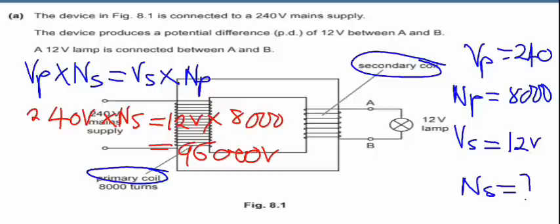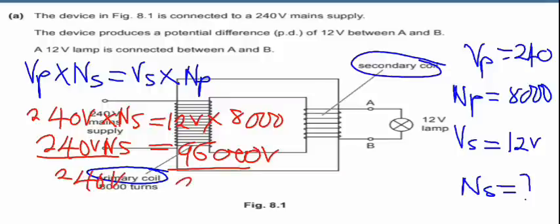Then here, when I multiply 240 volts by the number of turns on the secondary coil, I'm going to get 240 volts times the number of turns on the secondary coil. Then when I divide by 240 volts on both sides, what am I going to get?